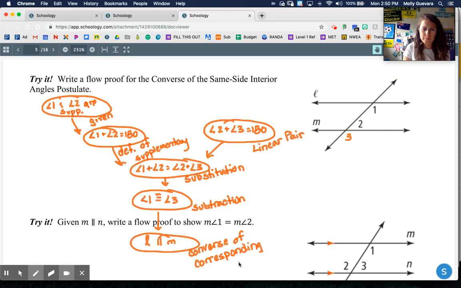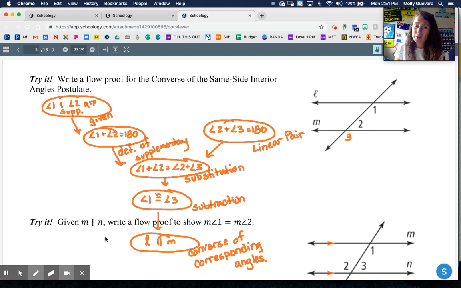Okay, so what we're saying is, hey, these two angles are equal, therefore the lines are parallel. So I'm just going the opposite way.